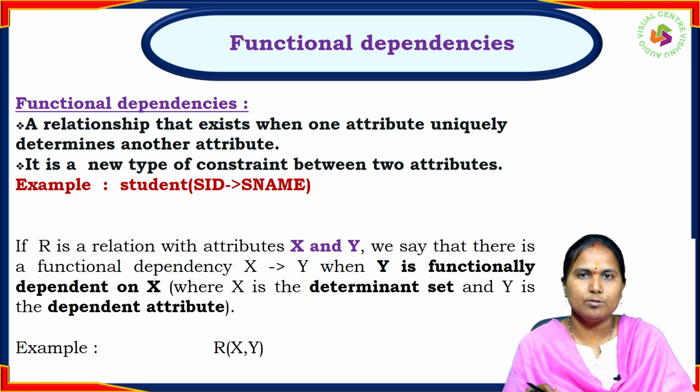Suppose in a classroom, 72 students are there. The same CSE and the same year are repeated 72 times. This is nothing but redundancy. The same content is repeatedly placed multiple times.